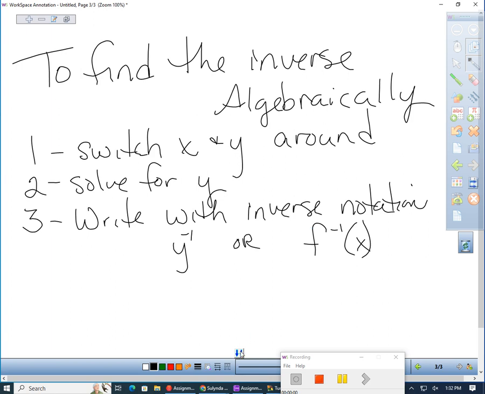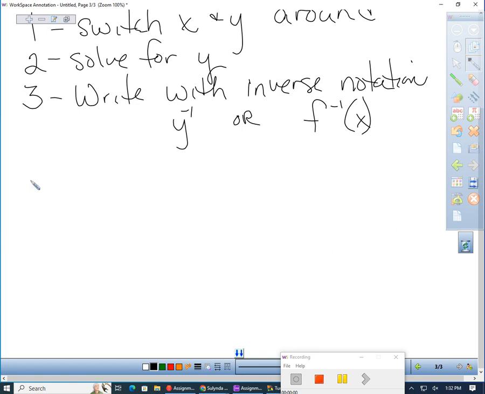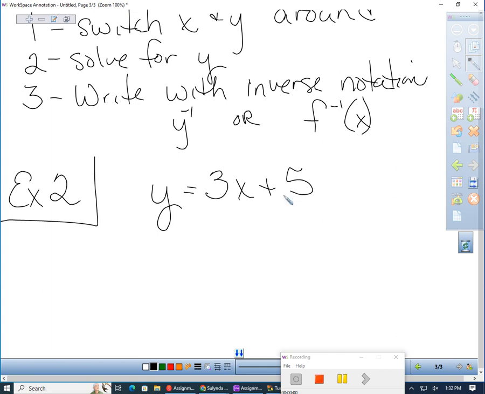All right, so here's example number 2. Let's say I have y equals, start off with a really easy one, 3x plus 5. And I want you to find the inverse. So step 1, we switch those around. X equals 3y plus 5.